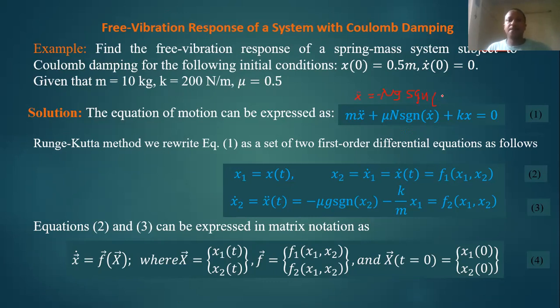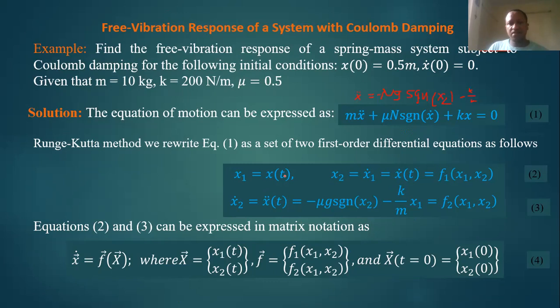This x dot means x2 rather than x dot itself. Yes, because this x dot means x2. Minus k over m times x, and x means x1.